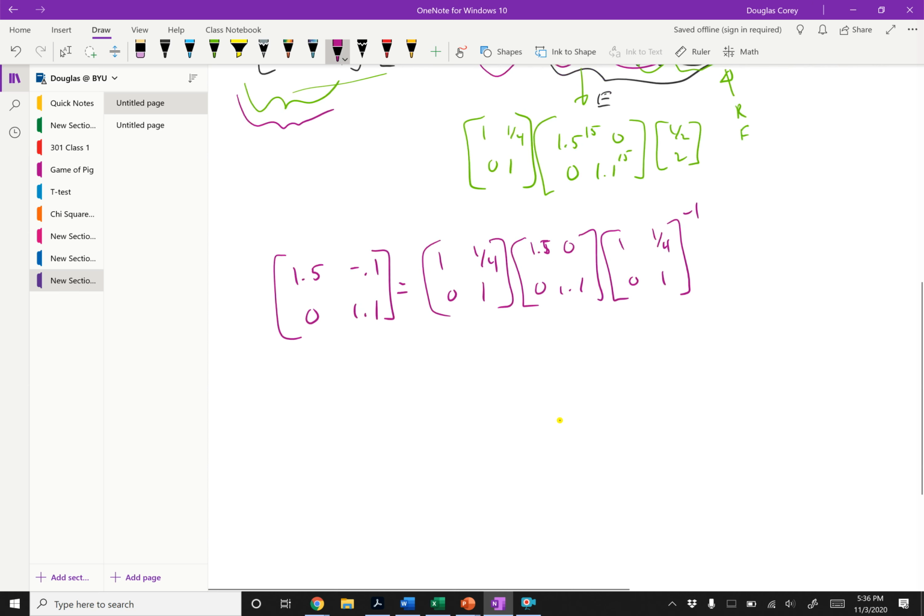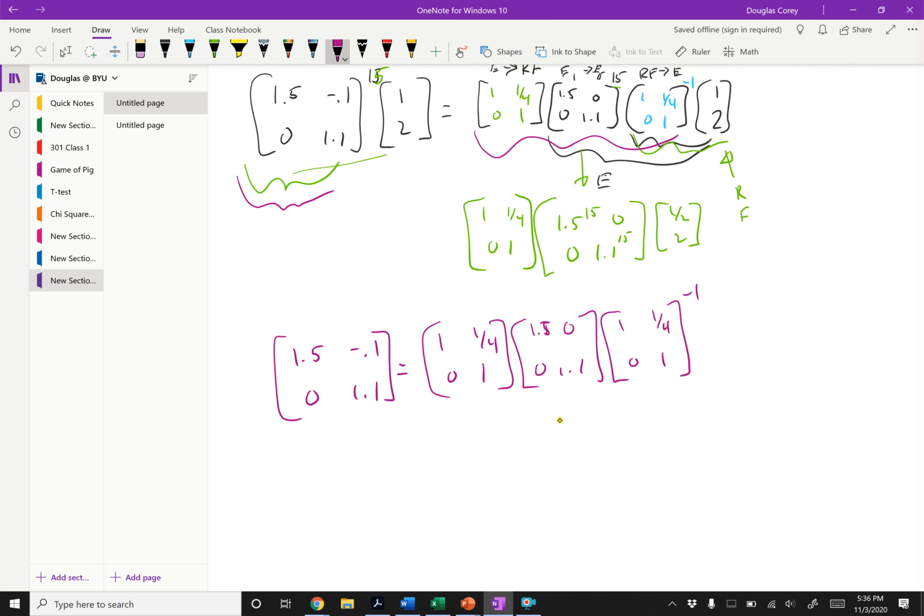So we have rewritten the matrix on the left with these three matrices on the right. We can think about this as factoring down. We just factored this matrix into a product of three matrices.